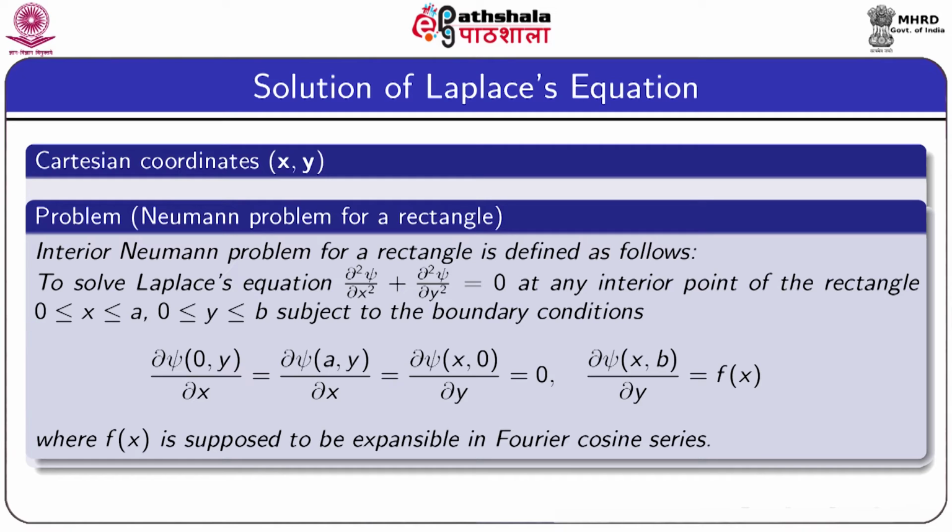Here we also assume that the Fourier cosine series expansion of f(x) exists. So, in this case we are considering the Neumann problem in a rectangle.